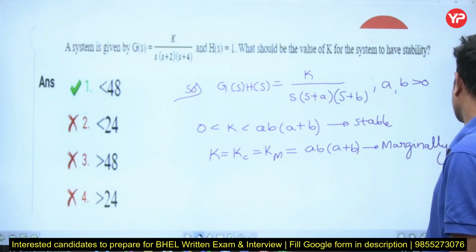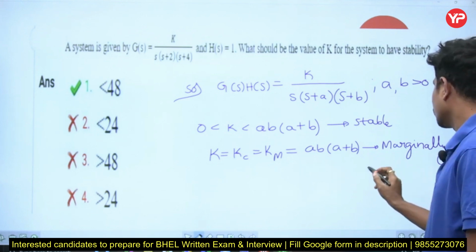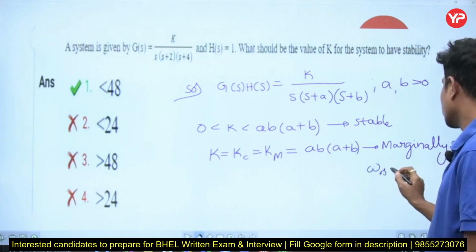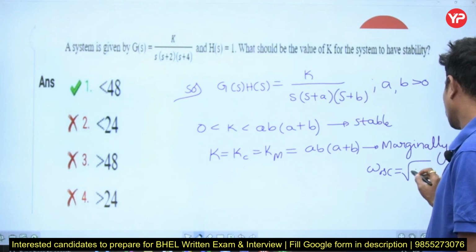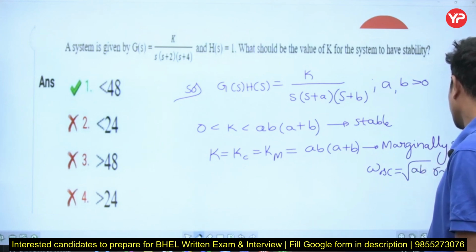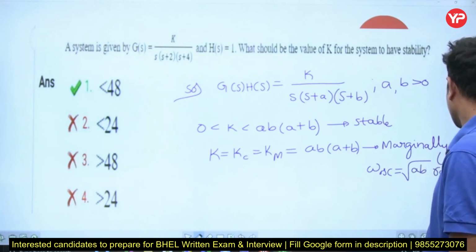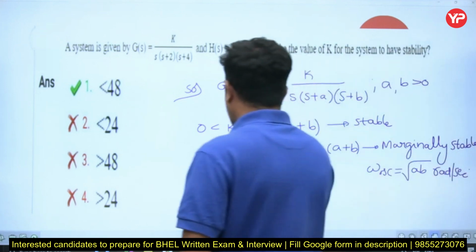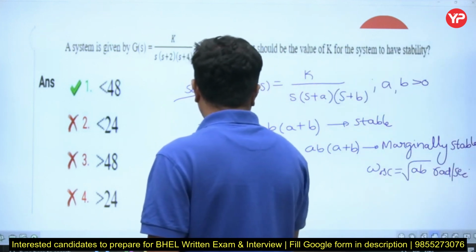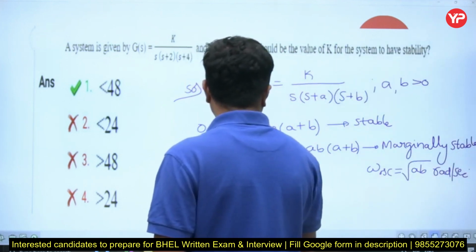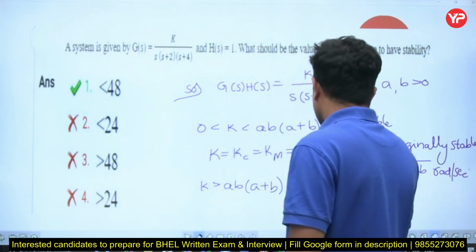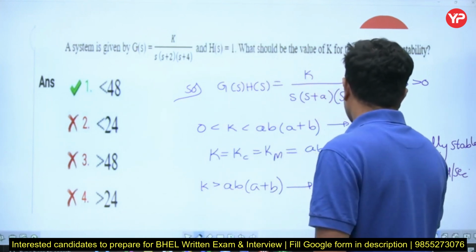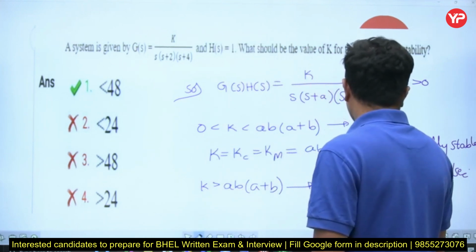If it is marginally stable, it is going to oscillate with some frequency. Omega of oscillations is equal to under root AB radians per second. And if K is greater than AB into A plus B, the system is said to be unstable.